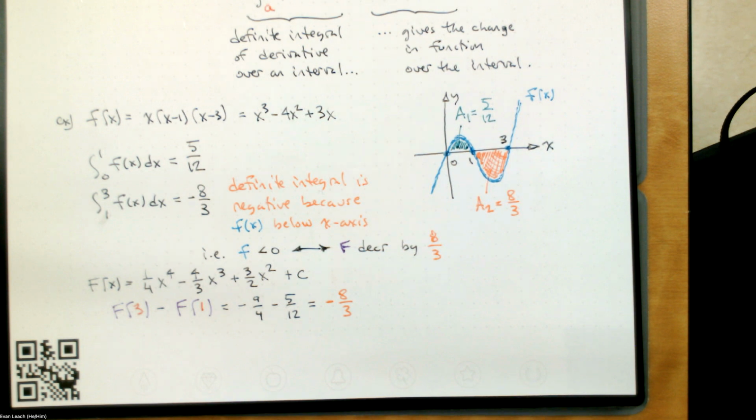When we find the definite integral of a function that goes negative, we end up with a negative value. That makes sense because that tells us that the antiderivative is decreasing. And so the change in the values at the endpoints should be negative because the function is decreasing.